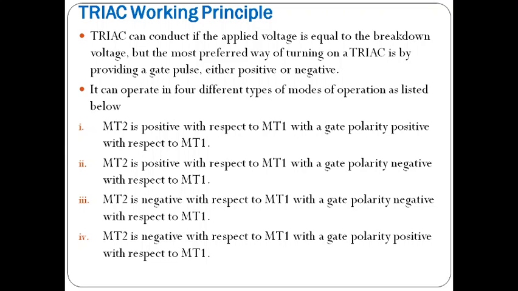It will work in only forward bias, but coming to the triac, it will work for the positive half cycle and negative half cycle, because here we are having the two SCRs in the antiparallel construction. Yes. So the triac will act as a switch for both the directions.